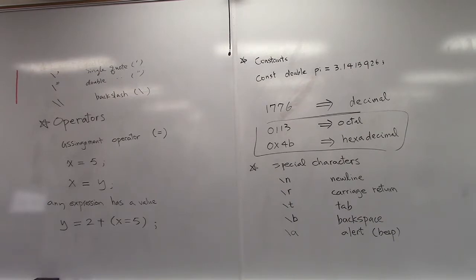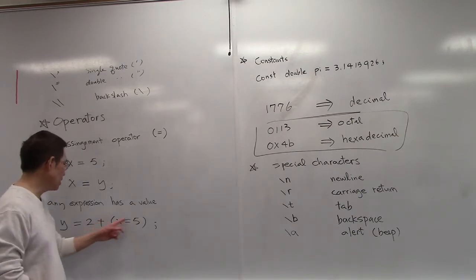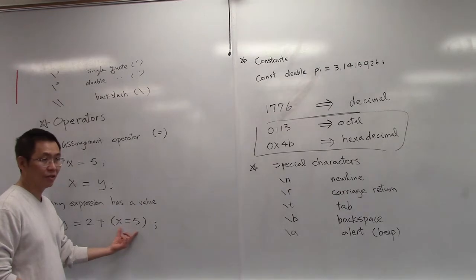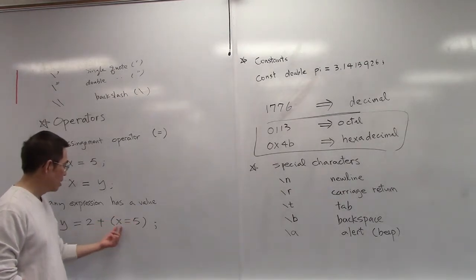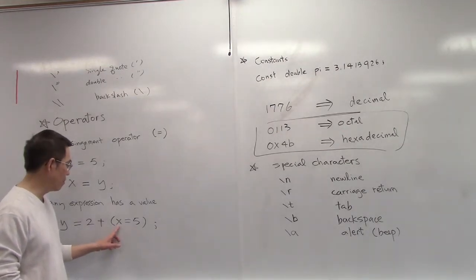But it makes sense for C or C++. Why? Because what is inside a parenthesis will get executed first. So this is a statement. It simply says, okay, assign the value of 5 to the variable memory location x.